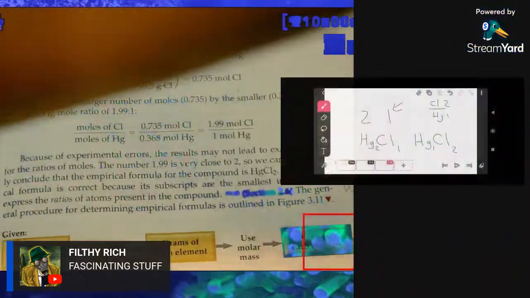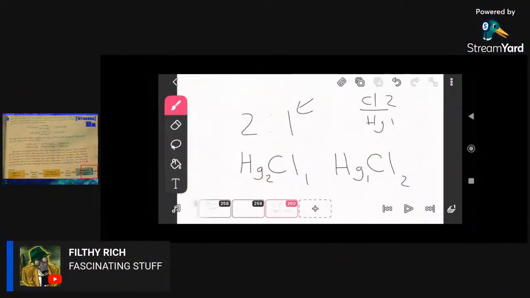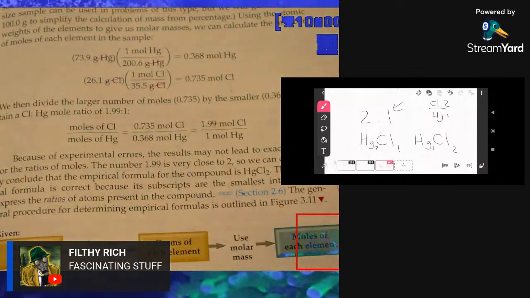And when you get that 2-to-1 ratio, you see how in the book it's 2-to-1. See that ratio? It's 1.999 over 1. So that's what that means when we look at the formulas.